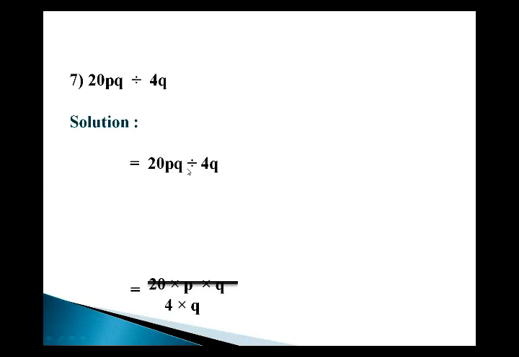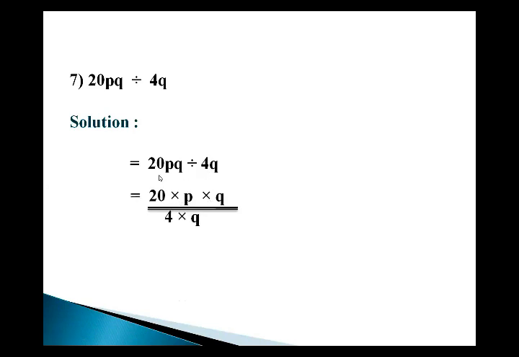Yes, 101. The solution is, firstly you write the question as it is, then you write it in fraction form. This number is written as a numerator, and this number as a denominator. So you write 20pq divided by 4q. We break this number using the multiplication sign because all of these three numbers are in multiplication: 20 multiplied by p multiplied by q.